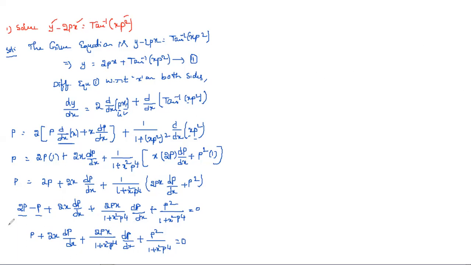So if you observe, 2x into dp by dx and here also 2x into dp by dx. So first you can write p plus p square by 1 plus x square p power 4, I'm writing in one bracket, as the first term and last term.